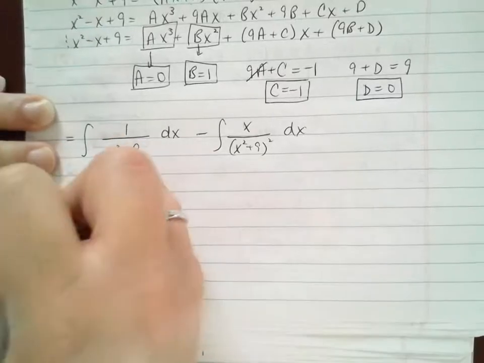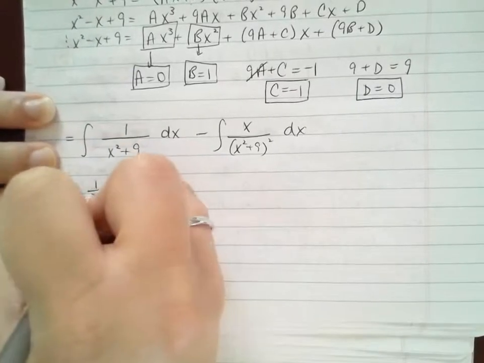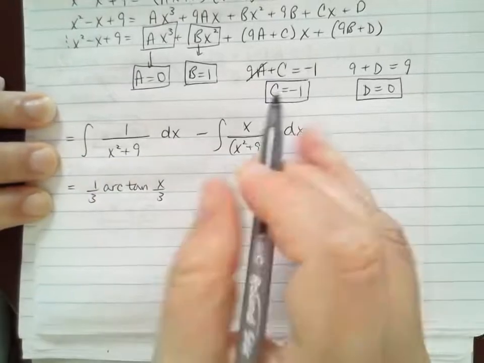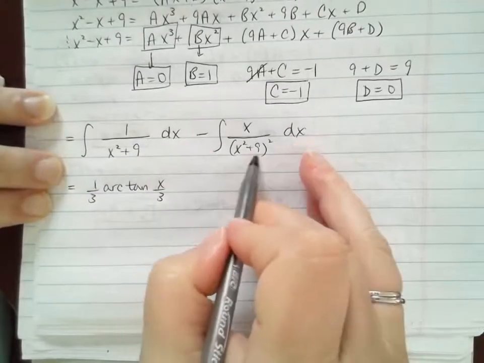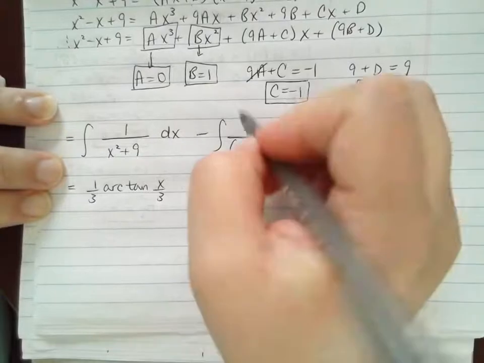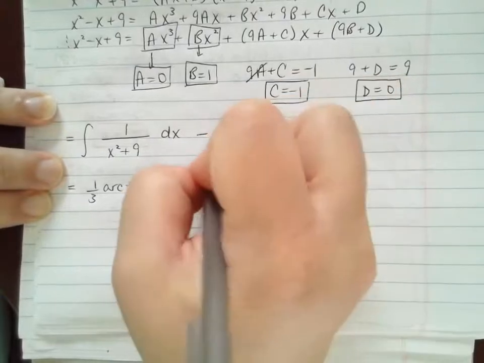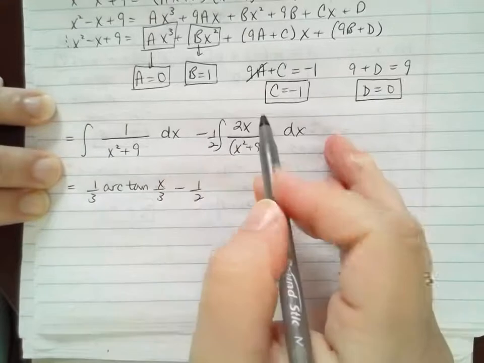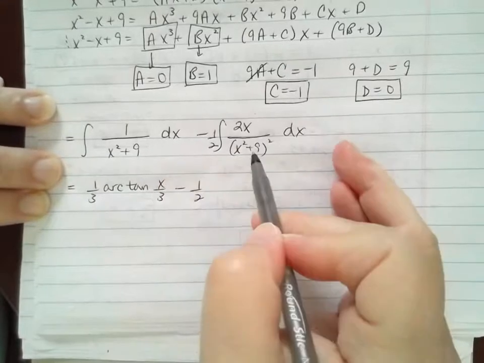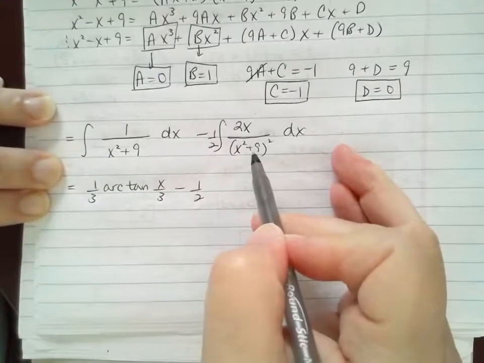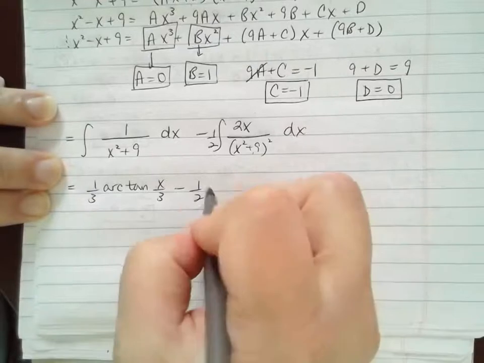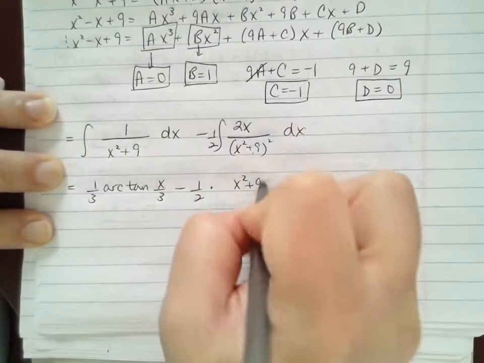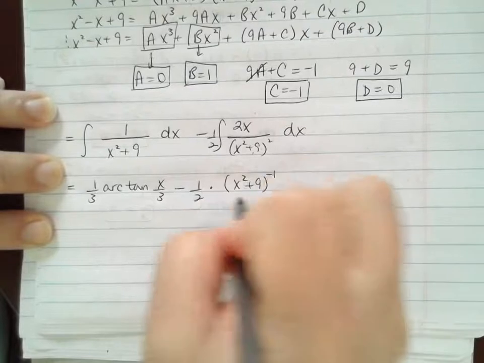This one becomes 1/3 arc tan of x over 3. And this one, if it's u sub and x squared plus 9 is my u, then I have to balance it with a 2x and a 1/2. Now this reads 1 over u squared, or u to the negative 2, which becomes u to the negative 1 over negative 1.